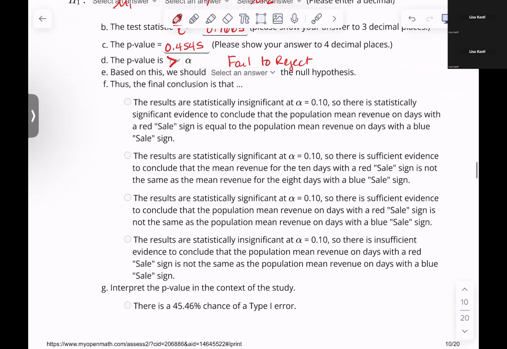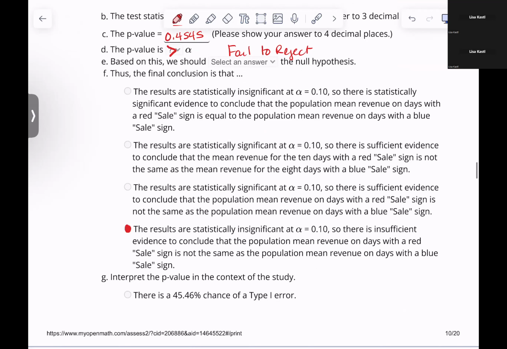Okay, so which one of these is it? Well, they're not statistically significant. The last one? I agree. Okay, what's the next one?